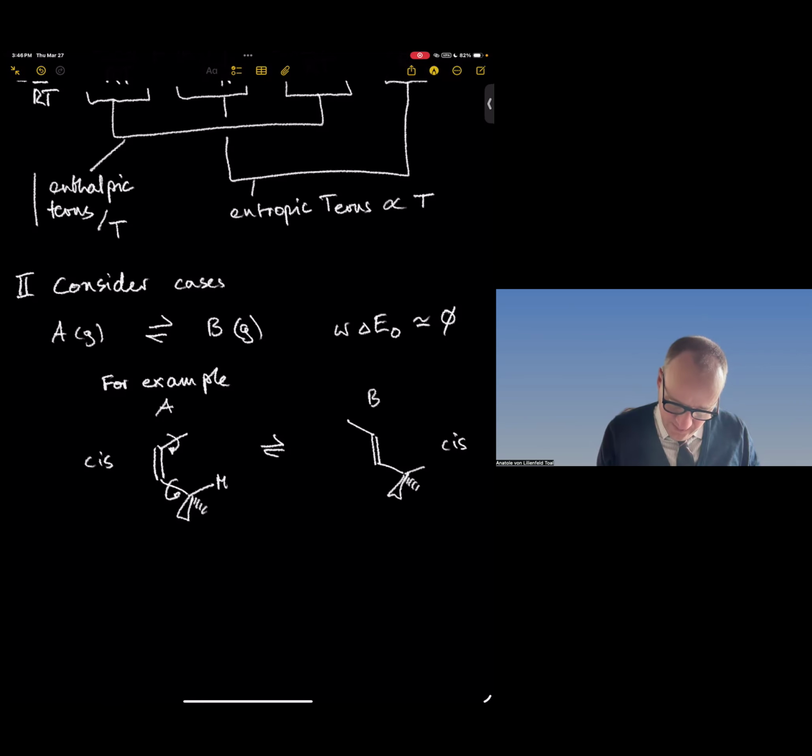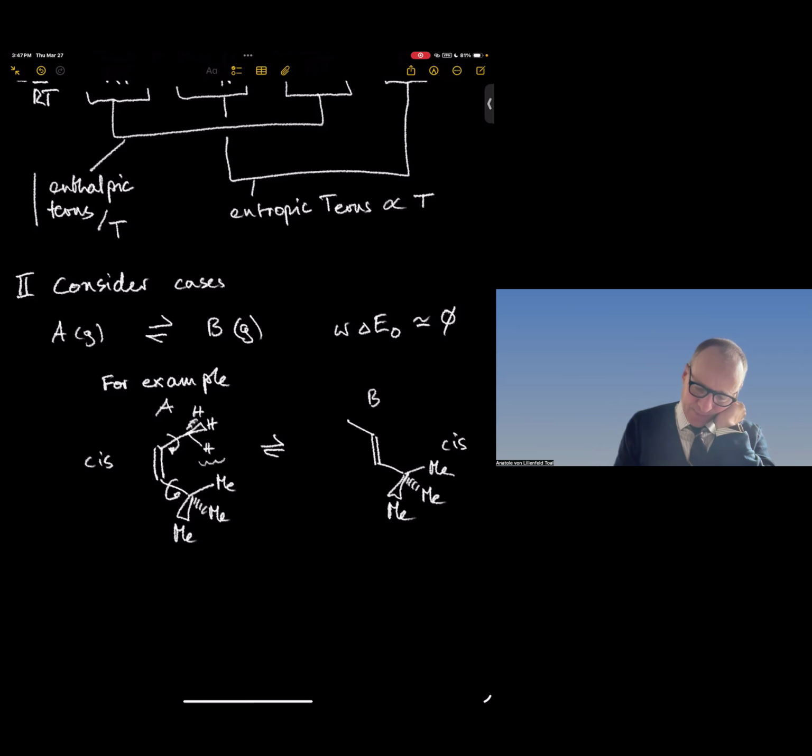Let me denote them even more explicitly. So if you consider the three hydrogens here on the other side, then clearly there will be some blocking, while on the right-hand side, you can freely rotate these two groups.